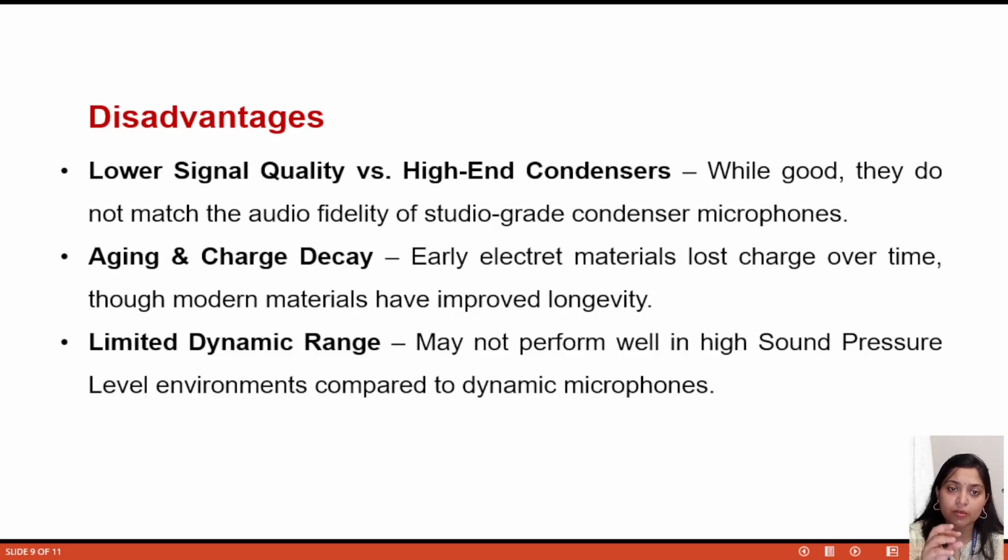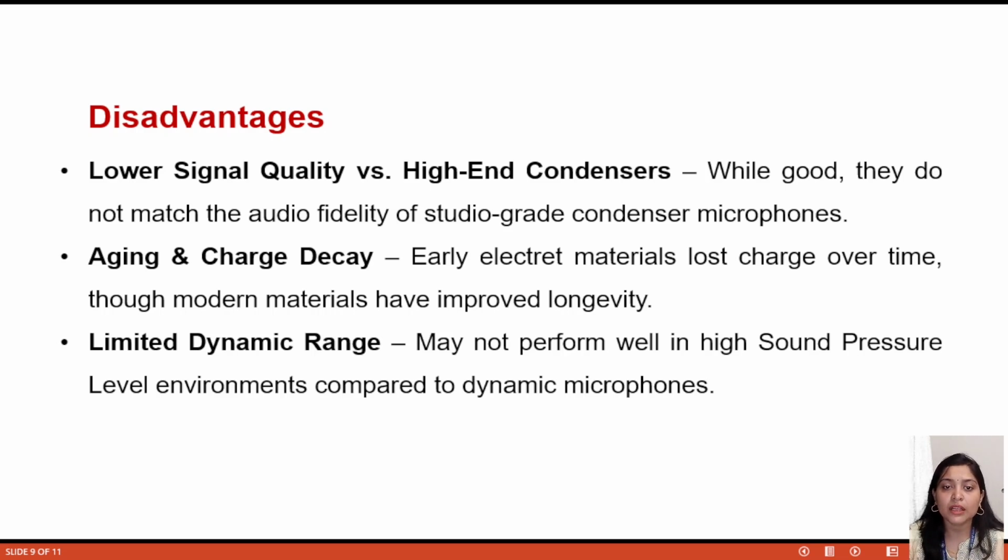Previously, whatever inbuilt charge was there slowly decays with time, and if the charge is not there, then it will not work. So this is the disadvantage. Nowadays it is improved, better as time goes on.